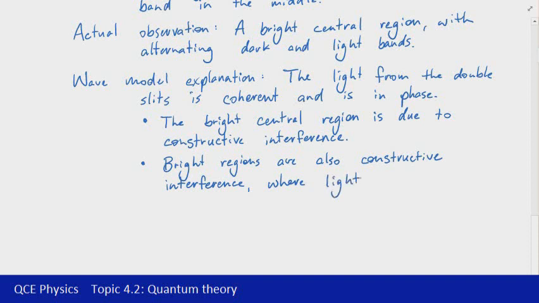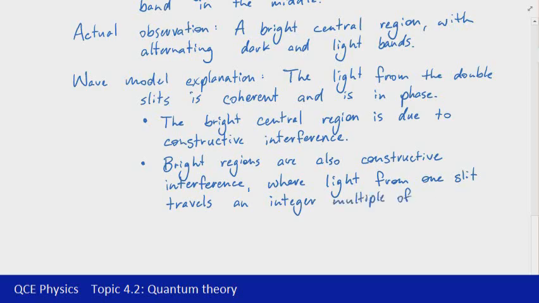So we're always still going to have troughs meeting troughs and peaks meeting peaks. It's just that it's effectively going to be one wavelength behind from one of the slits, so that they're always still going to be in phase when they reach the screen, and that distance that it has to travel further is always going to be an integer multiple of the wavelength.